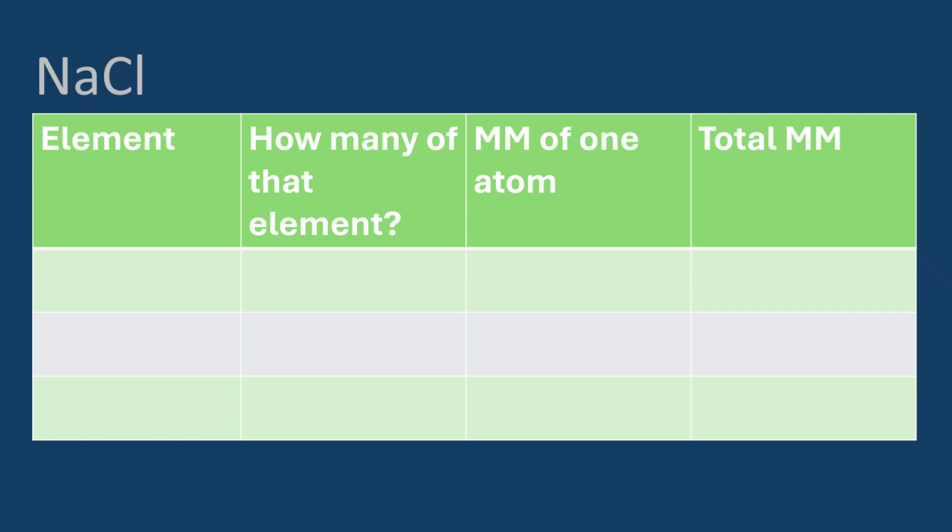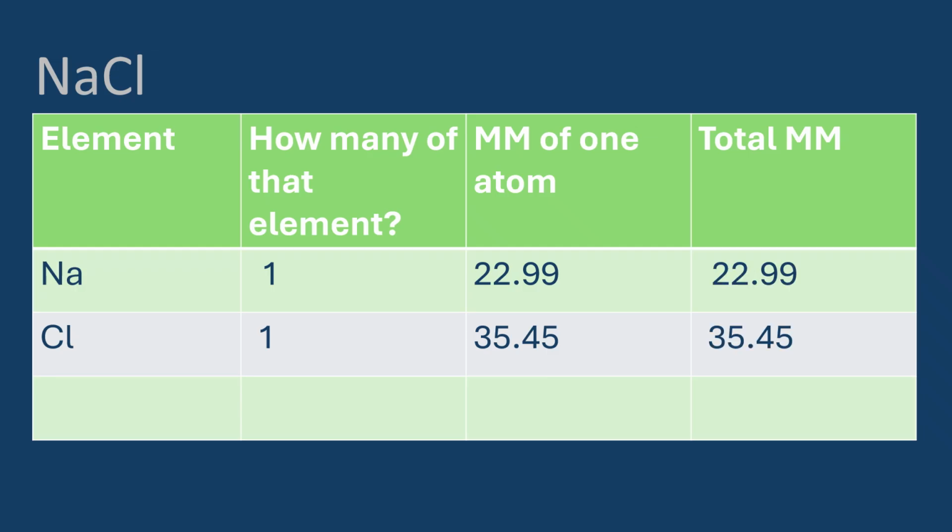For our first example, which is sodium chloride, there's a single sodium ion and a single chloride ion. I will need the molar mass of each atom, which I can locate on their periodic table entry. Since there is a single ion of each, the total contribution of each element is simply equal to the element's molar mass. My last job is to simply add these contributions together to determine the molar mass of the compound.